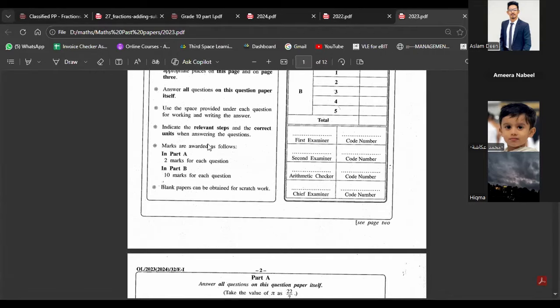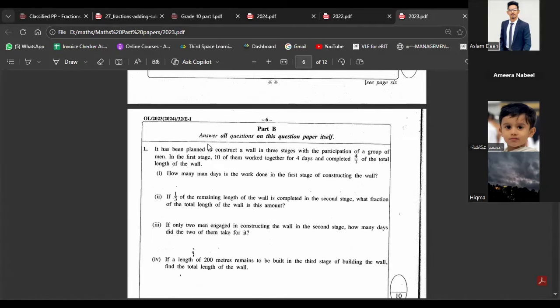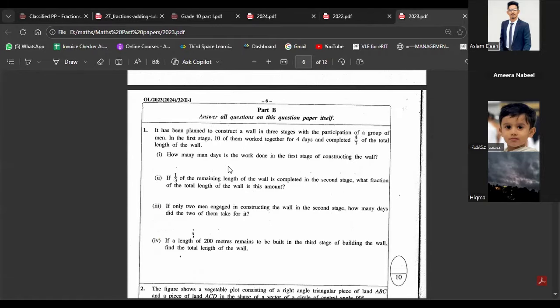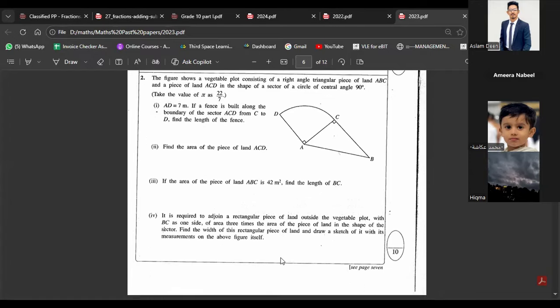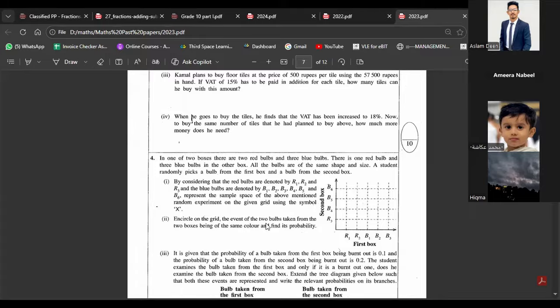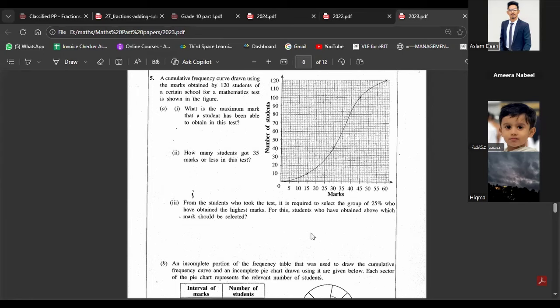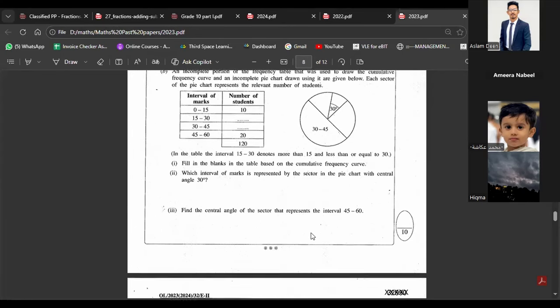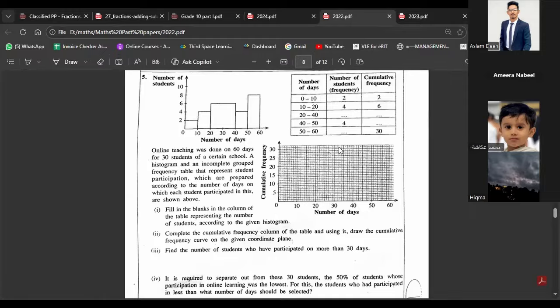So as I already told you, in the first paper, you have short 25 questions. All right. And then here we have the second part, part B, paper one, part B. The first question is going to be fractions. All right. And the next one is going to be area perimeter. Third one we have is under percentage, the tax question. Okay. And then we have probability. In probability, we have grid and tree diagram. And then we have the data representation. So these are the 5 questions you will be getting. And then you have your second paper. All right. It's going to be the same structure for the other papers also.